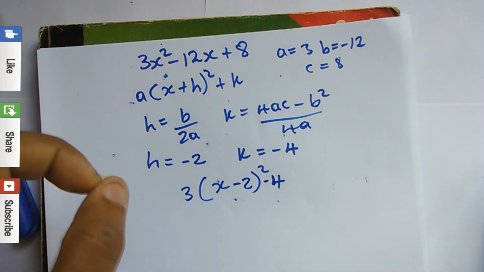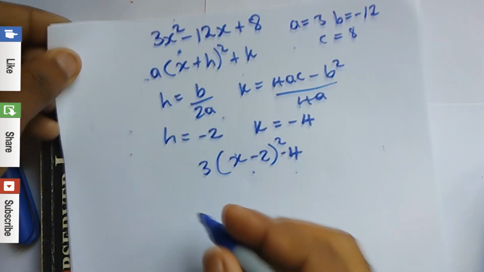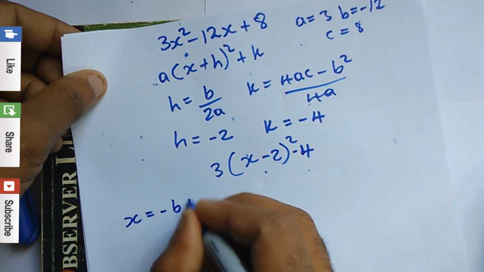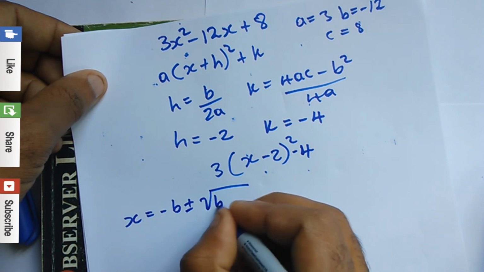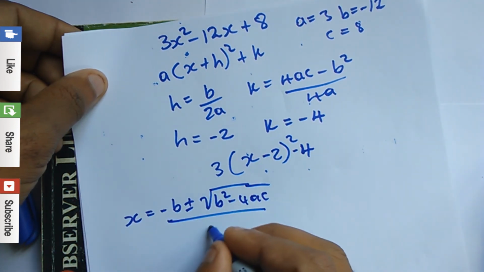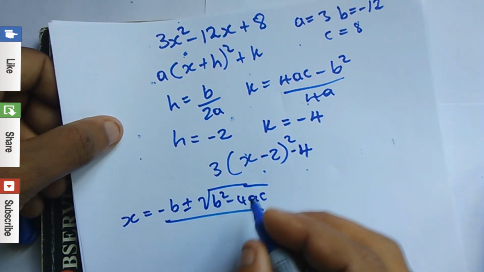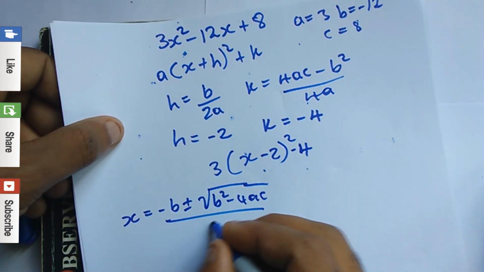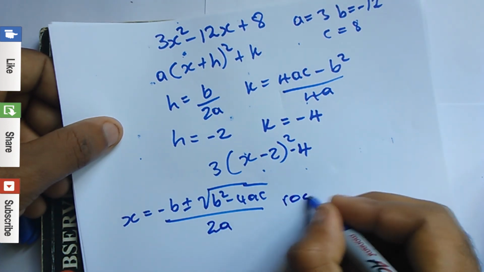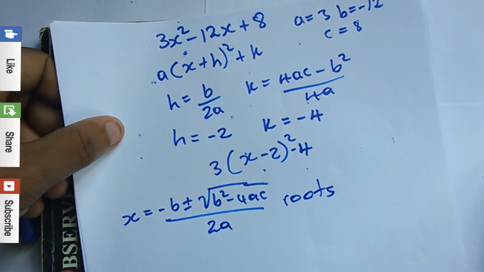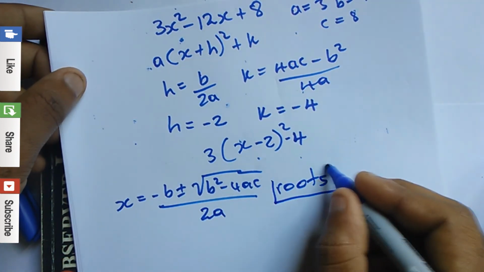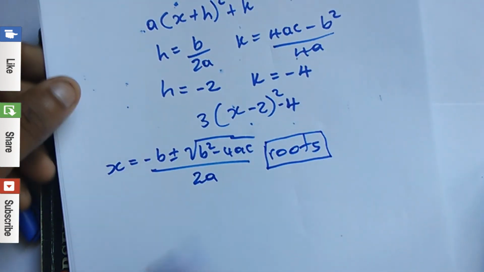Remember the quadratic formula: x equals minus b plus or minus the square root of b squared minus 4ac, all over 2a. We use this formula to calculate the roots of a quadratic function, whether it can be factorized or not. But if the function can be factorized, it's much simpler.